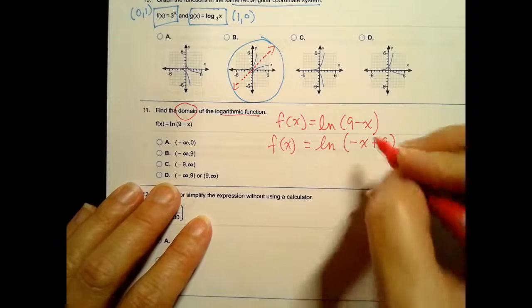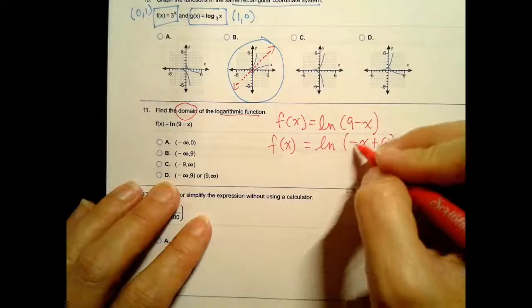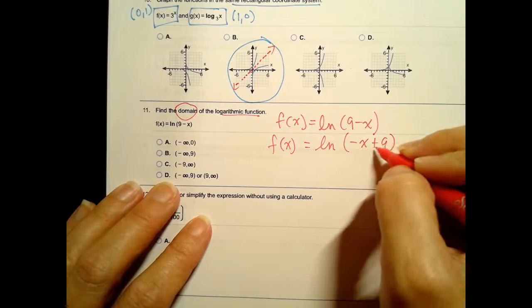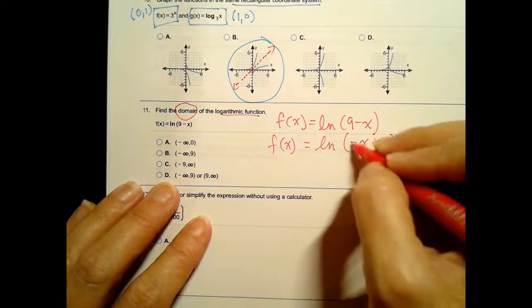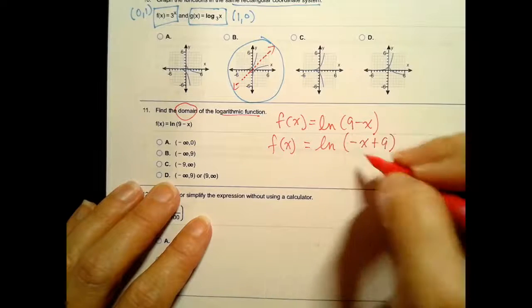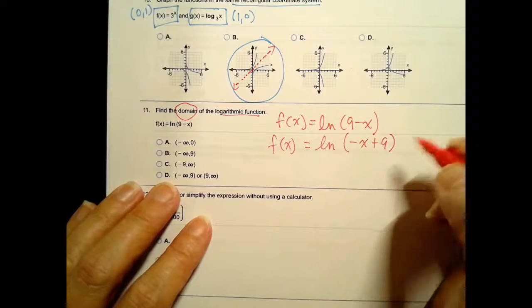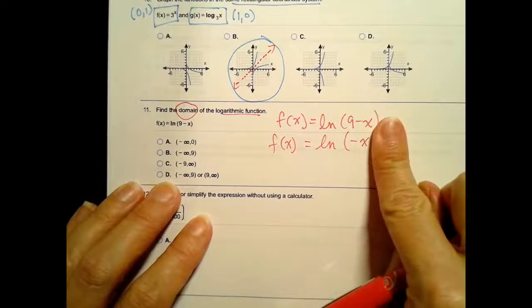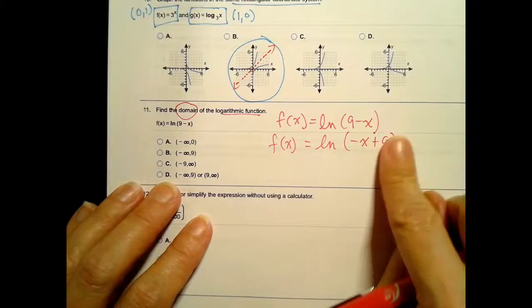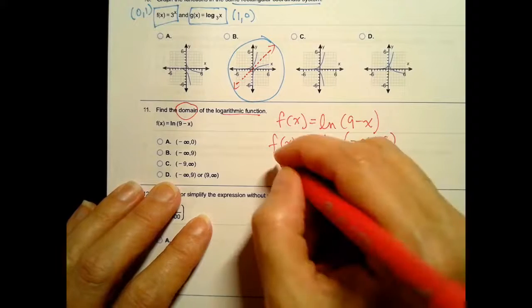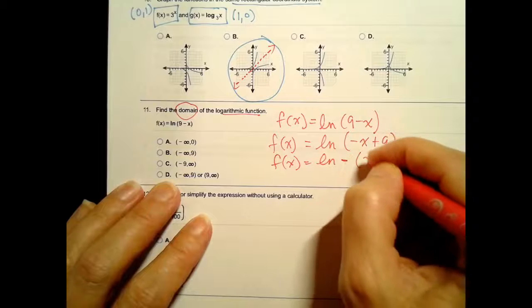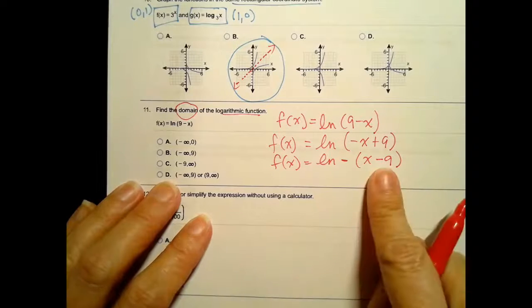Okay, and then, when we've been talking about these functions, we really haven't had a minus x plus 9, like a binomial with a negative in front of the x. Now we can have a negative in front of the x. If it's just the x, that we know what to do with, but when it's like this, a little bit more confusing. But what we can do is factor the negative out.